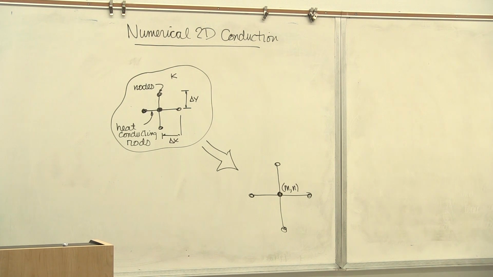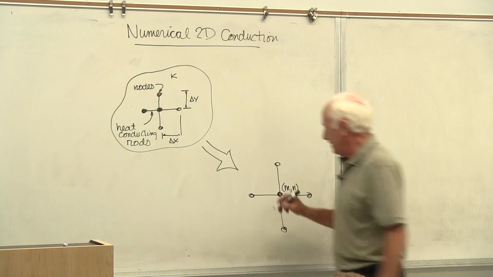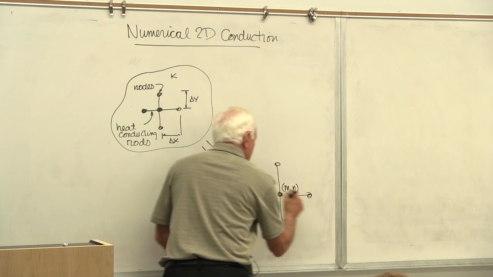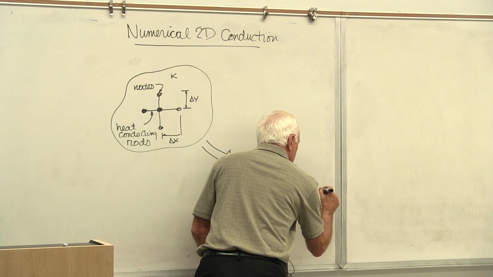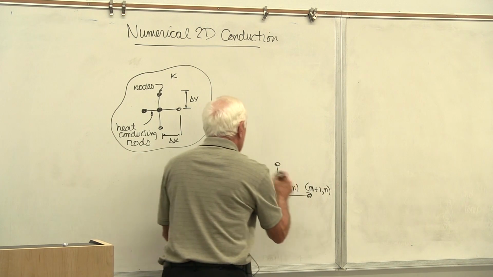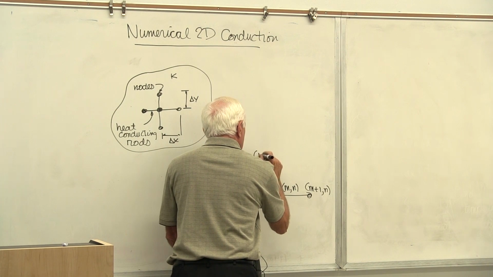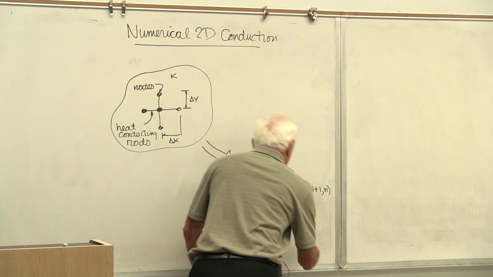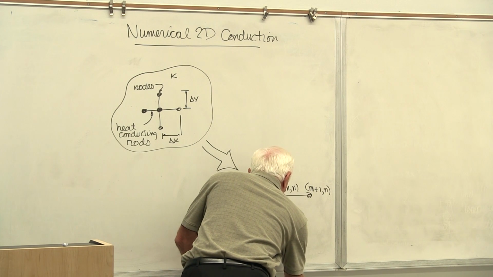Okay, so our nodes: let's take the left-hand one, M minus 1,N; M plus 1,N; node M,N plus 1; and node M,N minus 1.